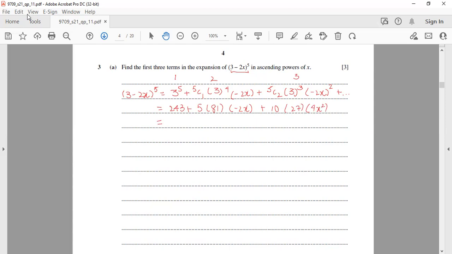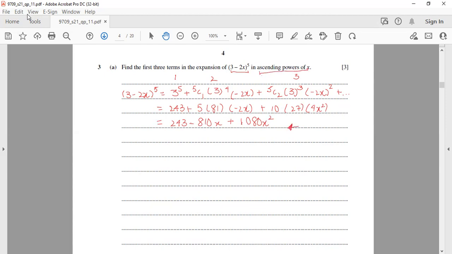OK, donc we simplify. Donc 243 plus 5 fois 81 fois moins 2 will give me minus 810x, don't forget, plus, donc 10 fois 27 fois 4, 1080x to the power of 2. And this is the answer in ascending powers of x.